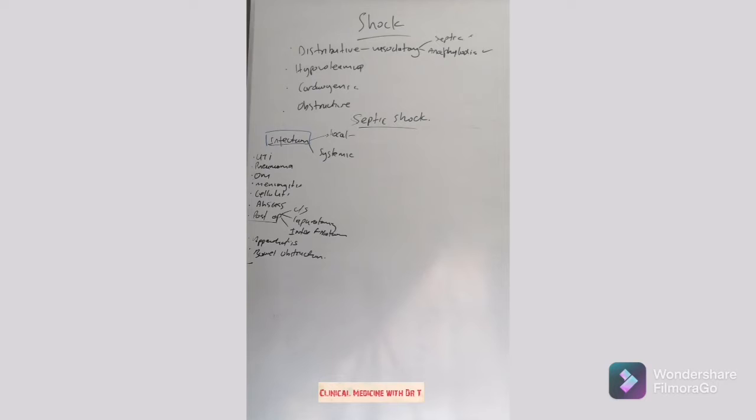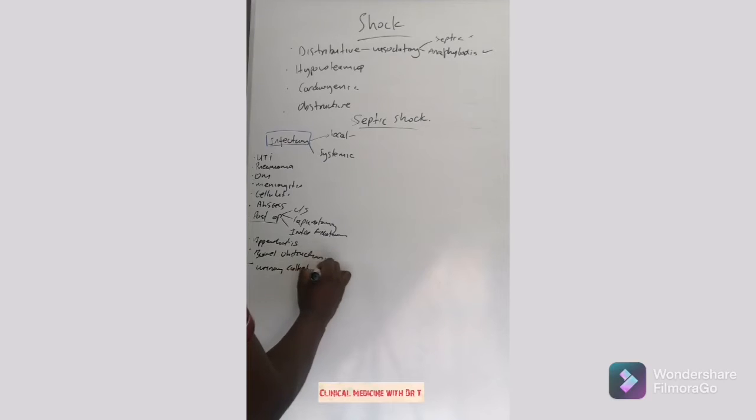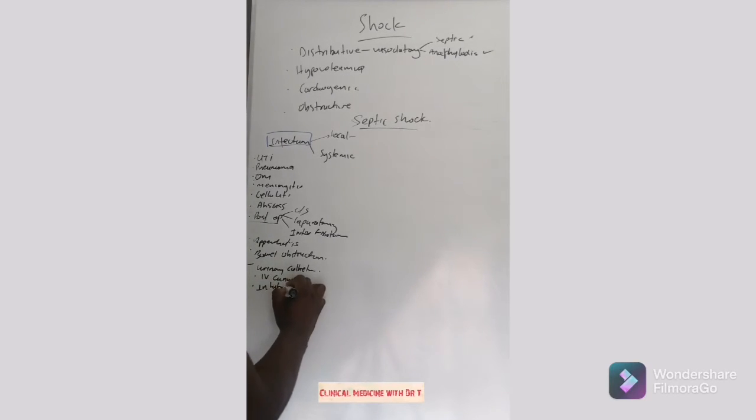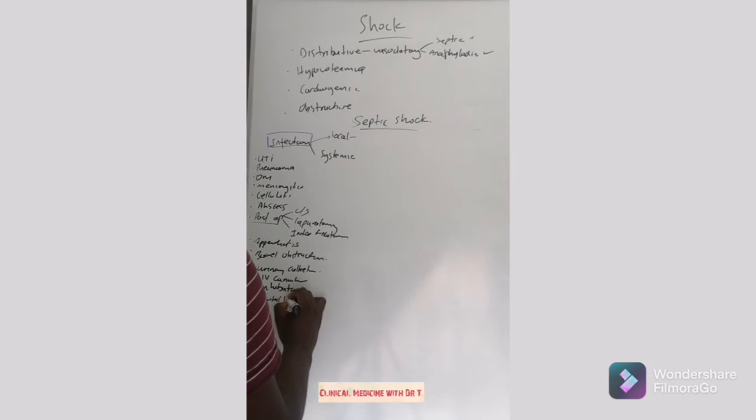The other iatrogenic causes are things like indwelling urinary catheter, predispose the patient to UTIs, indwelling IV cannula, intubations, endotracheal intubation, your central lines, things like that. These can be a source of infection and push the patient to sepsis.